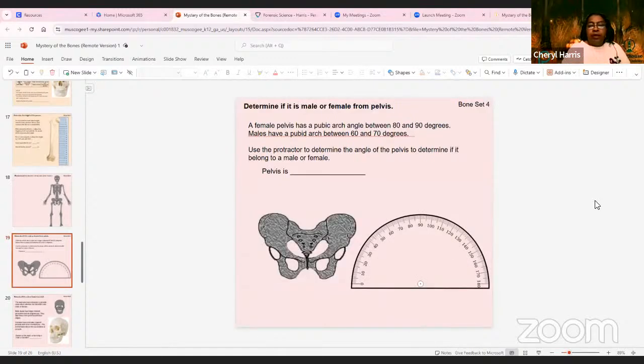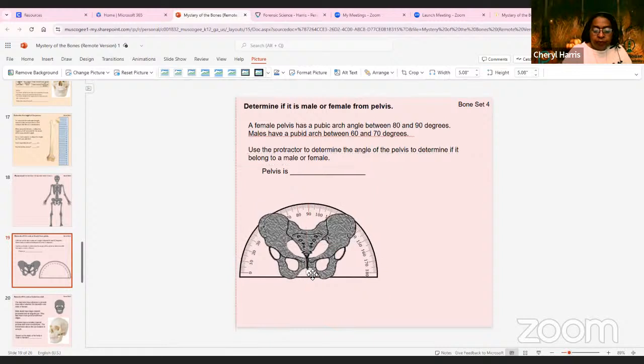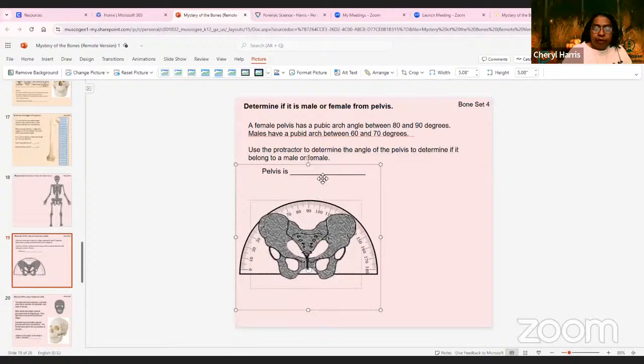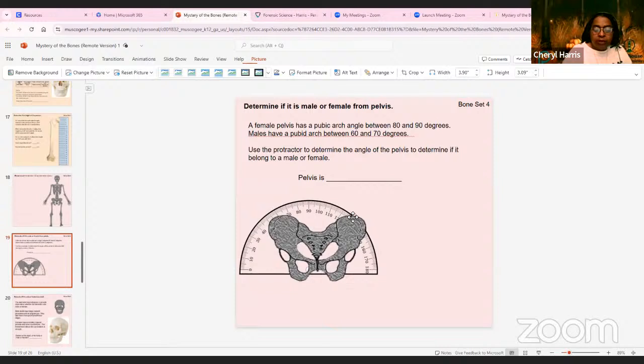You kind of have to draw an angle so that you can drag this over to the pelvis and look at it.